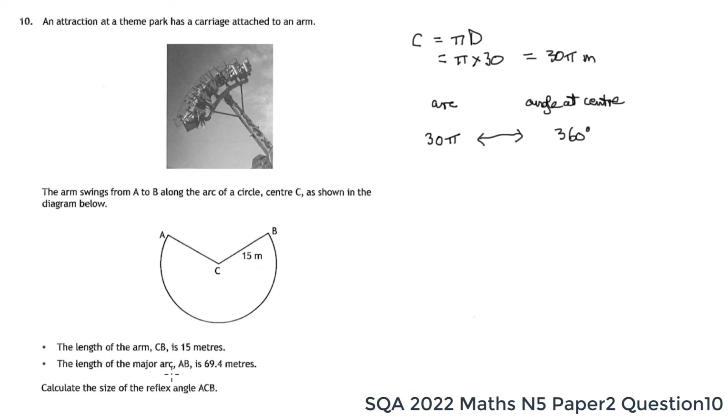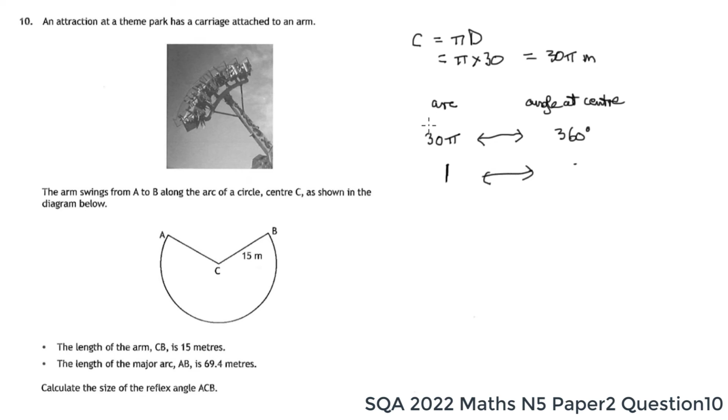Now, we're told that this major arc is 69.4 metres. So we're going to have 69.4 metres in there, and we're going to have to work out the angle at the centre that corresponds to that. So let's do it in two stages. Let's assume we're after an arc of 1 metre.